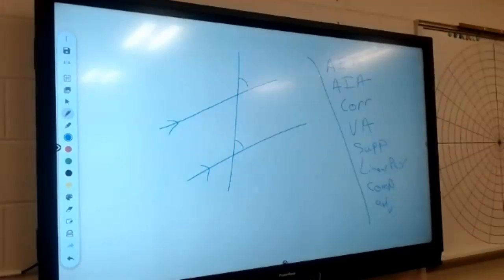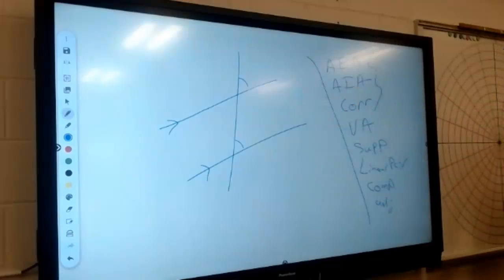Alternate interior angles. What does CORR stand for? Corresponding. Good. And what does AEA stand for? Alternate exterior angles. Perfect.